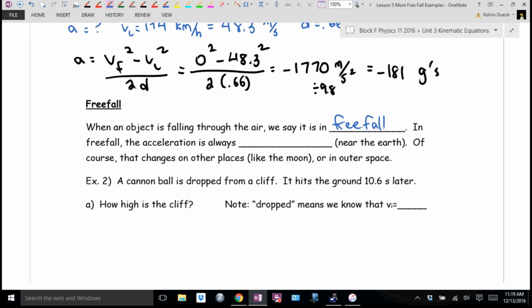And on the way up, the only thing that's acting on you is gravity. The gravity is accelerating you downwards. So on the way up, your velocity is upwards, your acceleration is downwards, so on the way up you slow down. On the way down, your velocity is downwards, your acceleration is downwards, you're going to speed up because your acceleration and velocity are in the same direction.